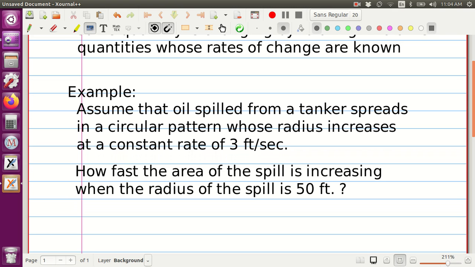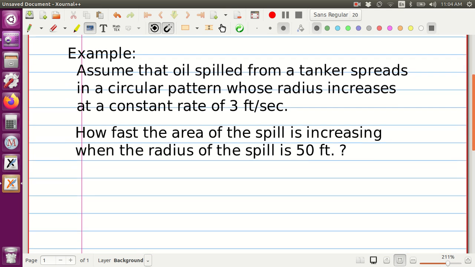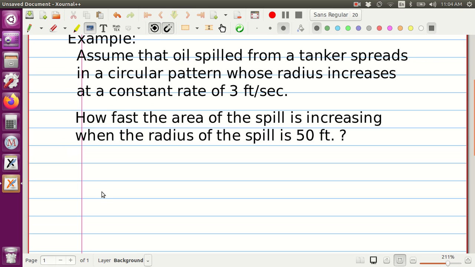Assume that oil spilled from a tanker spreads in a circular pattern whose radius increases at a constant rate of 3 feet per second. How fast is the area of the spill increasing when the radius of the spill is 50 feet? So first of all, let's try to think what's going on.